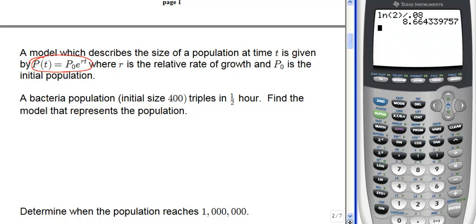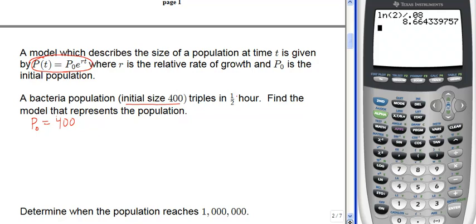So what do we know so far? We know that the initial size of the population is 400. So right away that tells us that our P sub 0, our initial population, is 400. It doesn't tell me in this problem what the R is, what the rate of growth is as a percent. I don't see any percents given to me in this problem, but it does tell me that the population triples in half an hour.